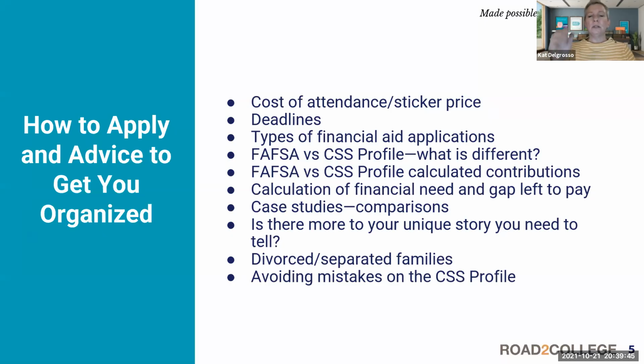Let's talk about how to apply, and advice to get you organized before you get going. Some of you may have already applied. If you were looking to apply early decision or early action, you may have already submitted your applications. A lot of colleges and universities have a deadline for early decision or early action.